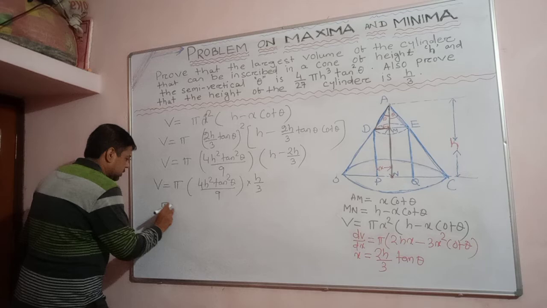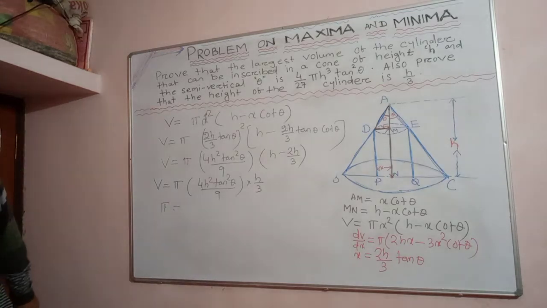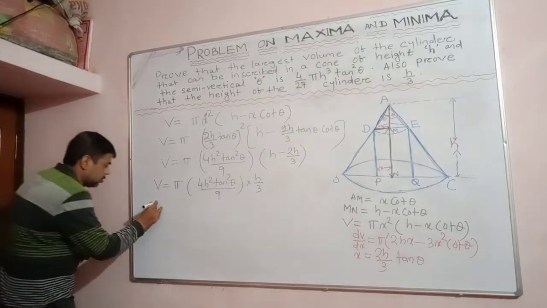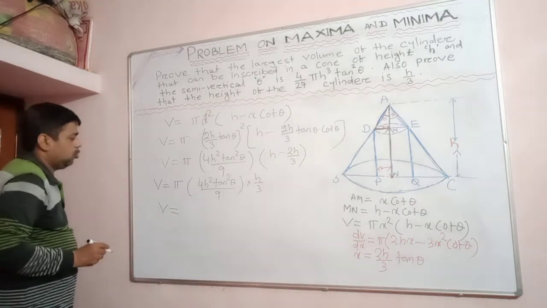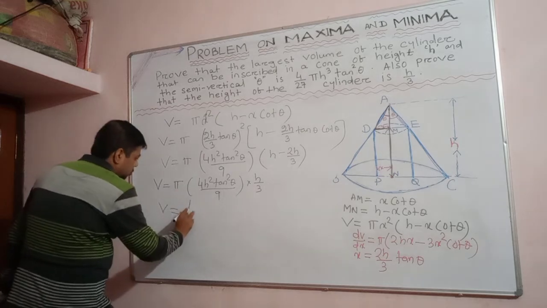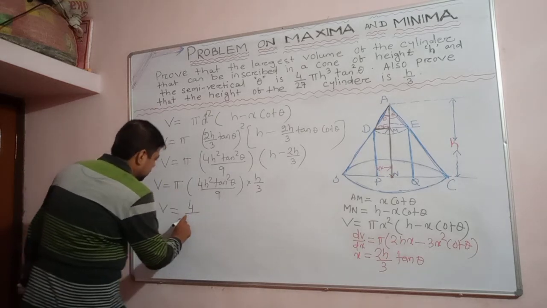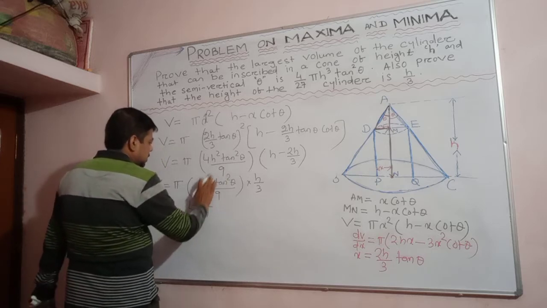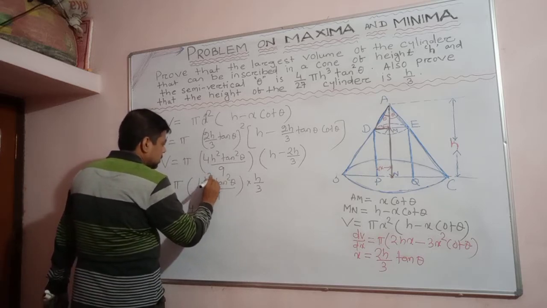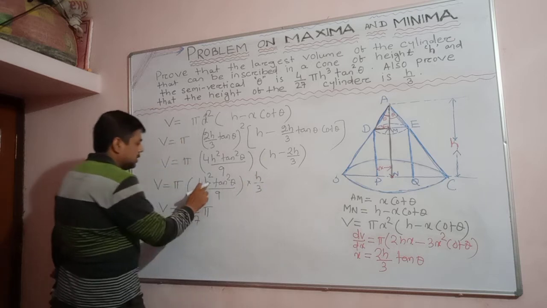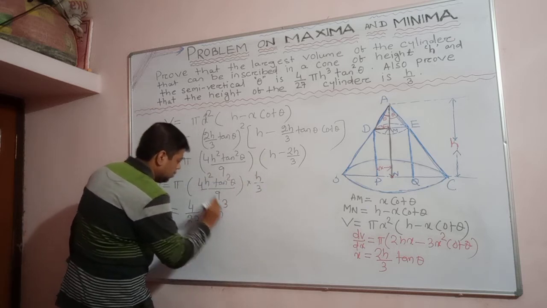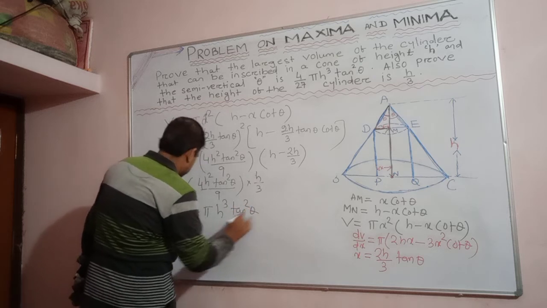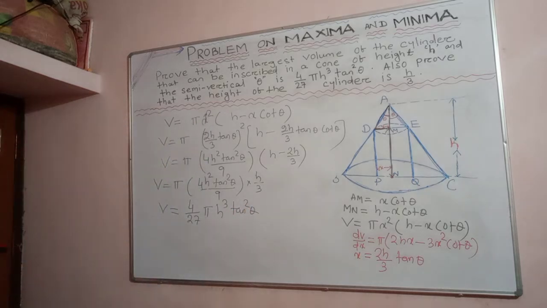So now the volume of the cylinder V is equal to: 9 into 3 is 27, pi, then h square and h, which multiply to h cube, so h cube tan square theta. This is the volume of the cylinder.